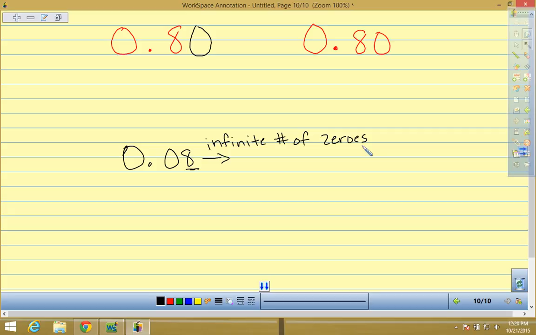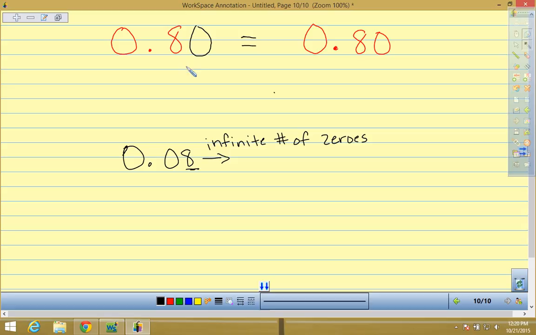Right, so it's going to just keep going to the right. You can add as many zeros. So if we had 800 here, we could add 2 zeros. Correct? Okay. So my symbol I'm putting here is the equals.